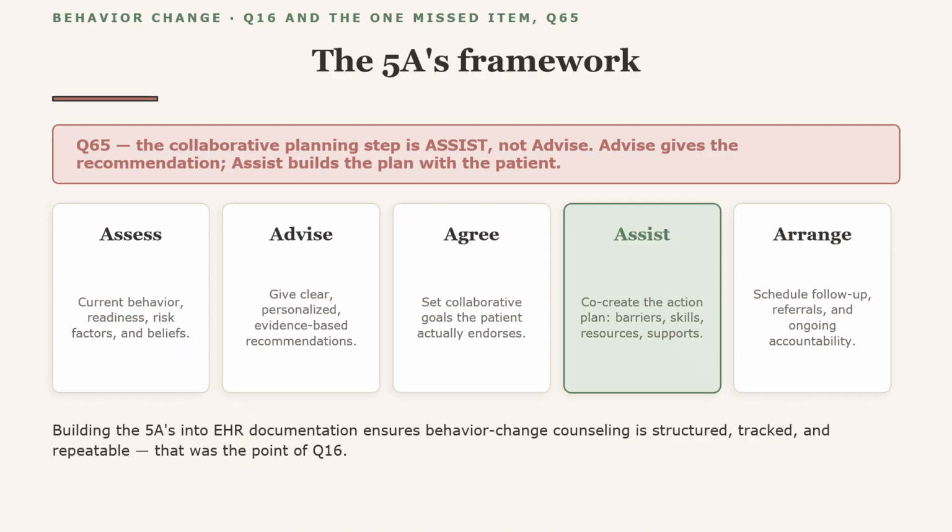So if in the question you're reading the words collaborative, plan, or together, the answer is always going to be assist because it's collaborative, right? Note the distractor ask, and that belongs to the 5A model for tobacco cessation, not to the behavior change version used here. Recognizing which variant of the framework the stem is using prevents this mismatch.